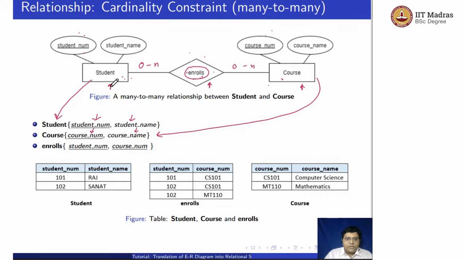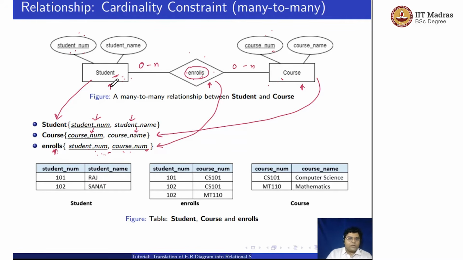So that's why the enrolls, whenever converted into a table, will have two attributes: the primary key of the student table, that is student number, and the primary key of the course table, that is the course number. So this is the table which we create for enrolls, which will have the primary keys of the corresponding entity sets.